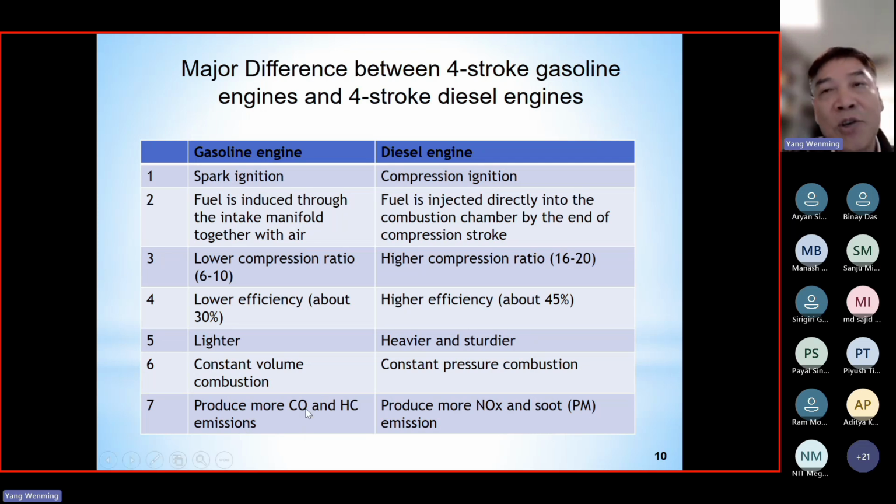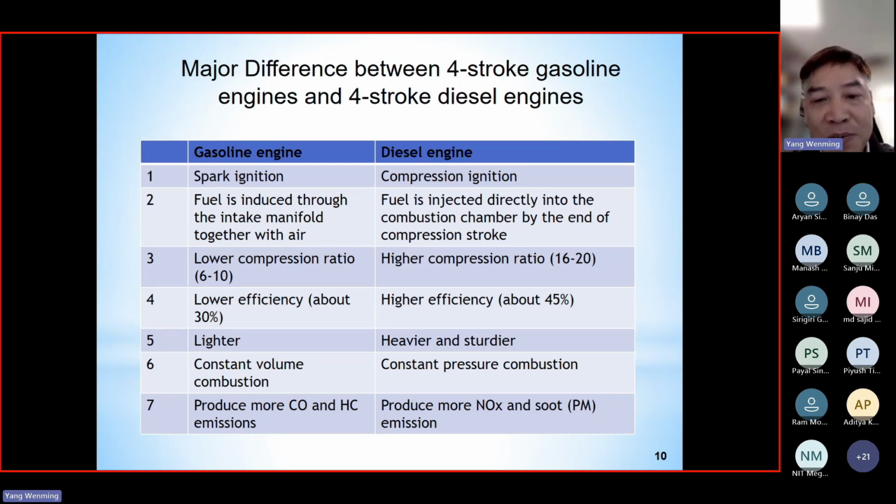Okay, gas engines usually work at higher fuel air ratio conditions. The fuel air ratio can usually be from 0.7 up to 1.05, correct? It's higher than that for diesel engines. That's why gas engines tend to produce more CO and HC, because the fuel air ratio is very high.